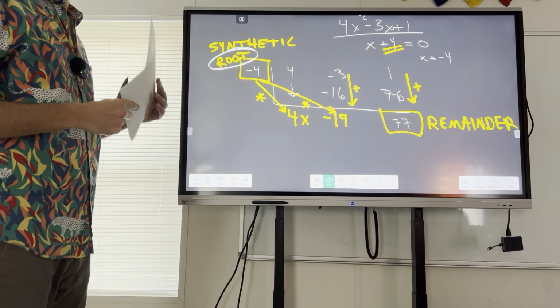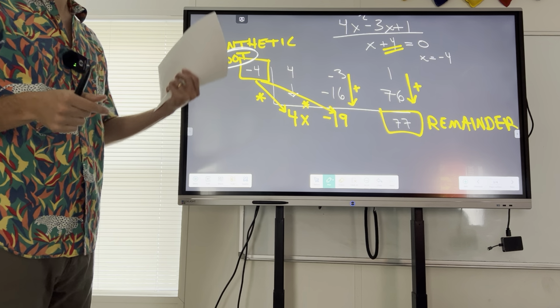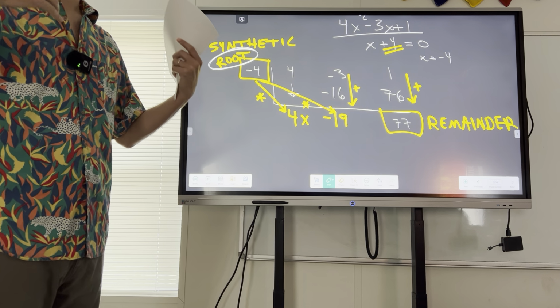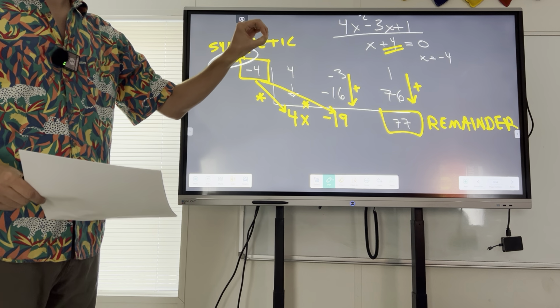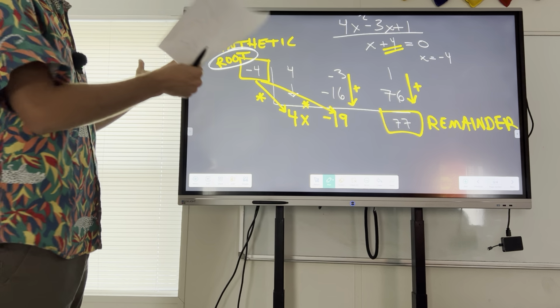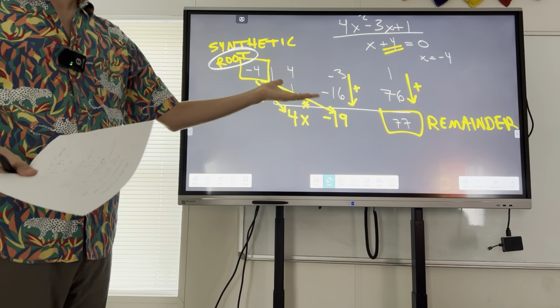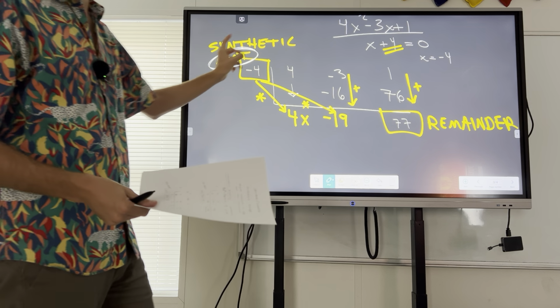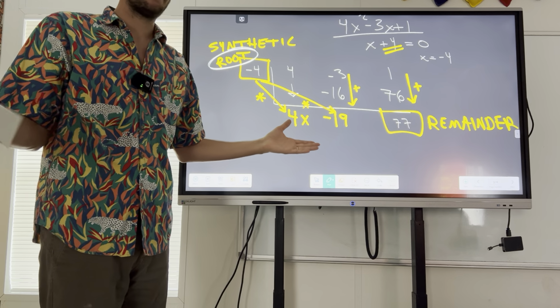Now, synthetic division, the first time you learn it, is good to check if things are factors. And so what remainder are we typically looking for? 0. A perfect divide with no junk left over. When we try to divide this, we're going to have junk left over. If you get 0, that means you were a perfect divide.